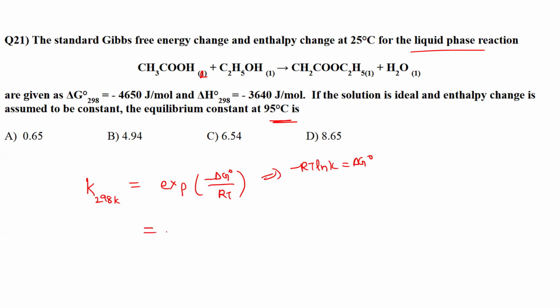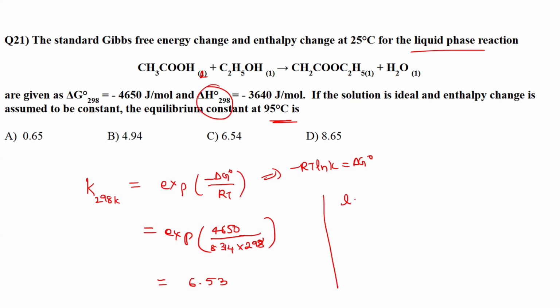Now, if I put exponential of 4650 by 8.314 into temperature 298, I get K at 298 Kelvin equal to 6.53. Right? Now, this information is just given as a distraction here.